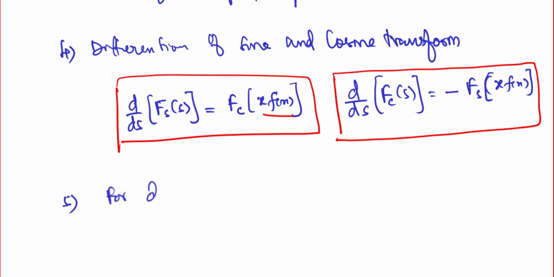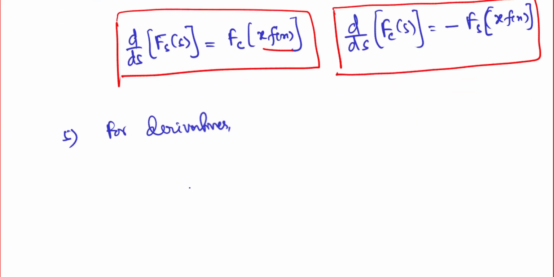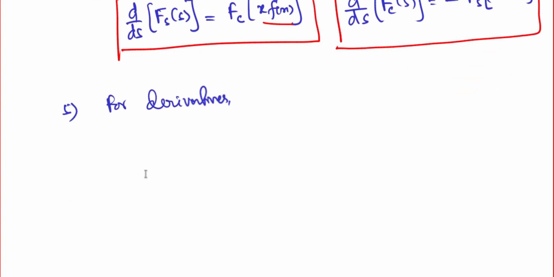The fifth property is, what about the Fourier cosine and sine transform of derivatives? If you know the Fourier cosine transform of f, do you know the Fourier cosine transform of f dash of x?